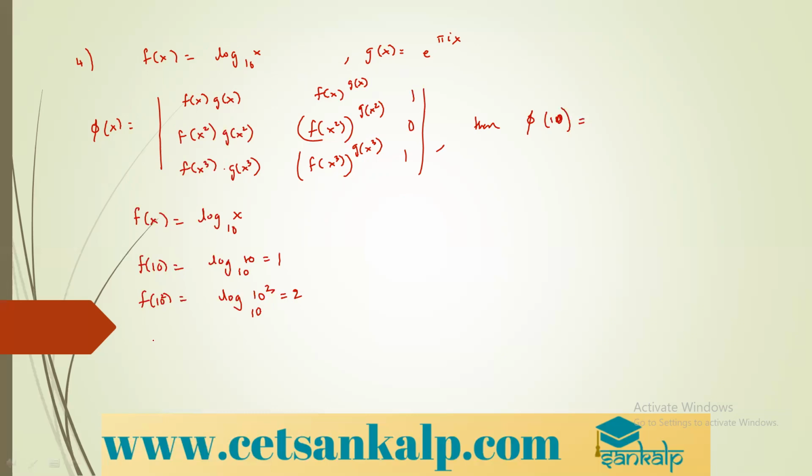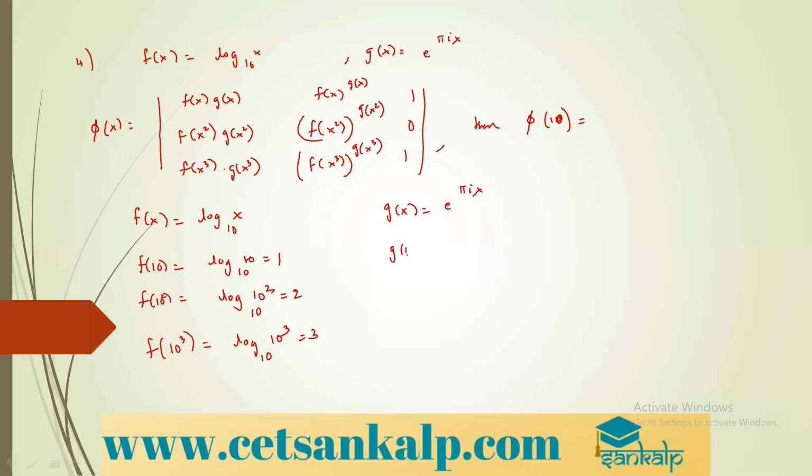That is 2. F of 10 cube is given as log of 10 cube base 10. That is 3. Write down all these at a time first. Not only these, we have to take g of x. It is e power pi i x.